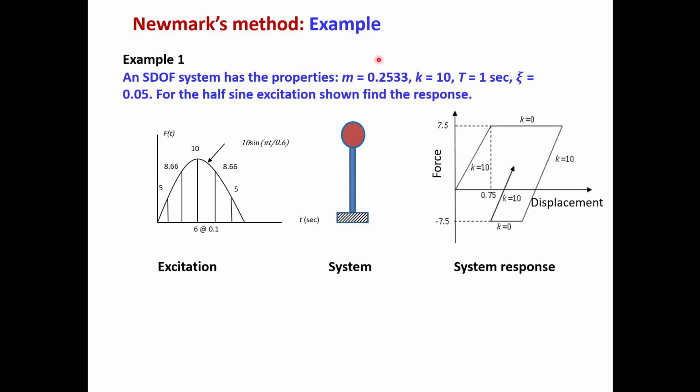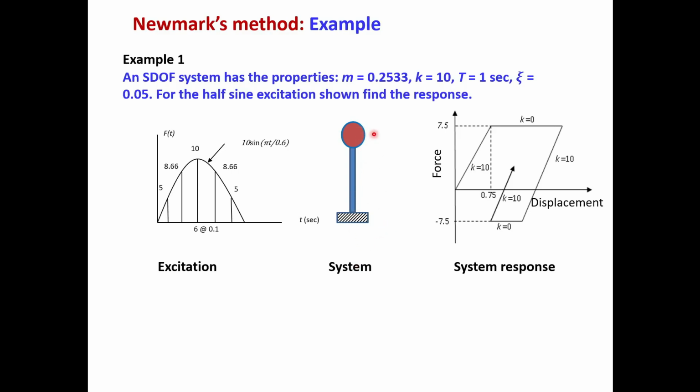We have taken a numerical example from A.K. Chopra's book. This excitation we had also taken in our previous slide for numerical linear analysis. It is a half sinusoidal excitation. The ordinates are given at time step size 0.1, and in our analysis also, we shall keep the same time step size of 0.1 second.